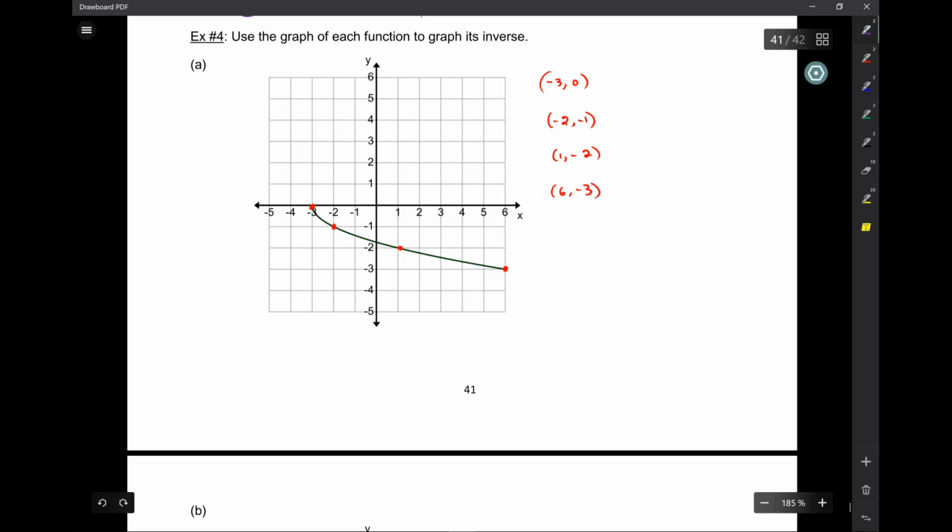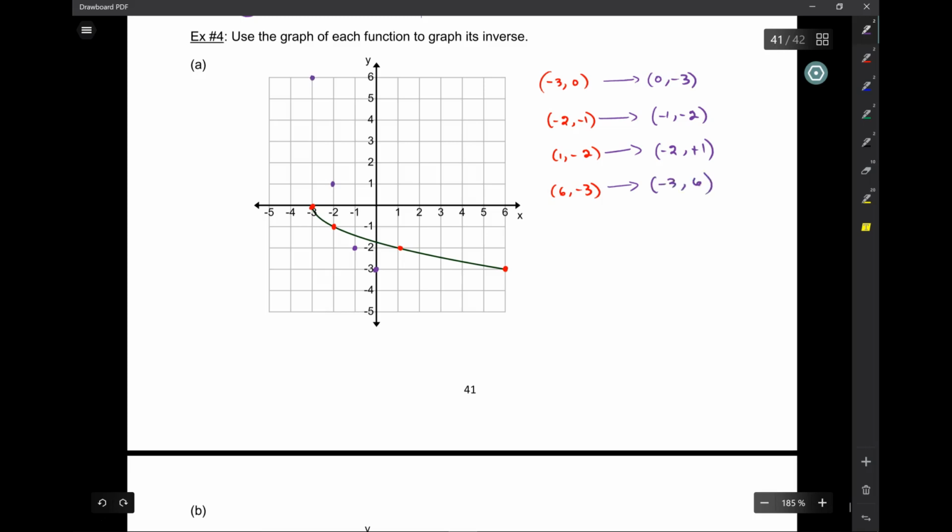All right. So for each of these, I swap x and y. I exchange x and y. 0, -3. So x is 0, y is -3 right there. Okay. -1, -2. X is -1, y is -2. -2, 1. And then -3, 6.